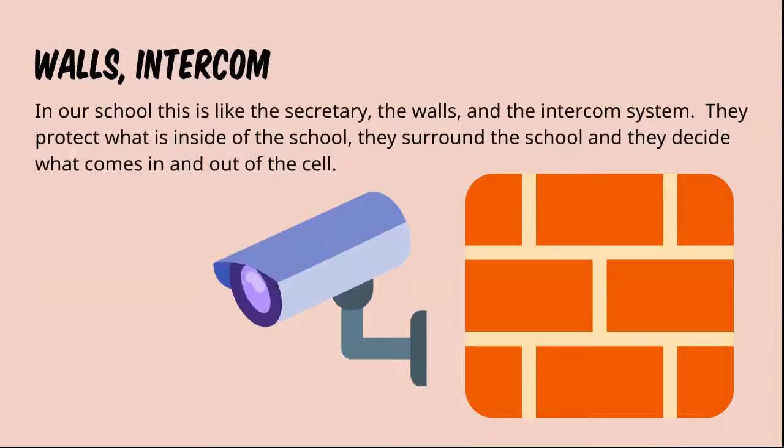So in our analogy, it's like the walls and the intercom. In our school, this is like the secretary, the walls and the intercom system. They protect what is inside of the school, and they surround the school and decide what comes in and out. So if you think about it, we say a cell membrane is a semi-permeable membrane, right? It lets some things in and it keeps other things out.